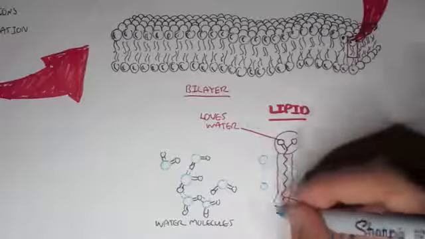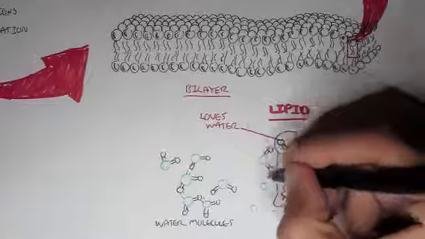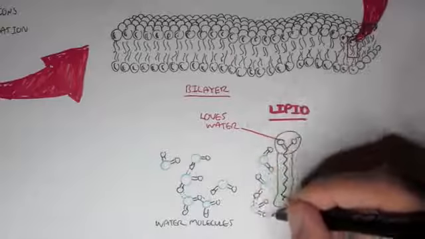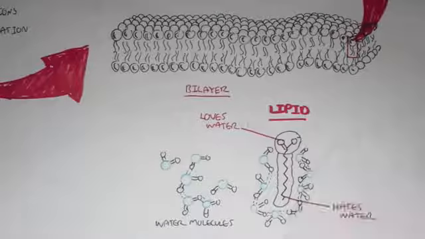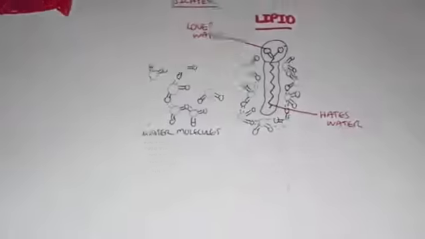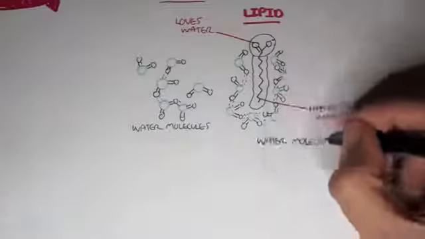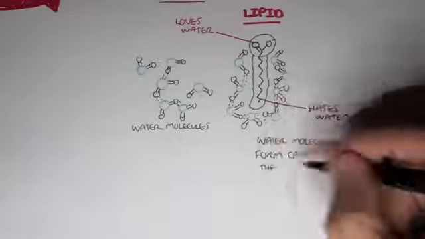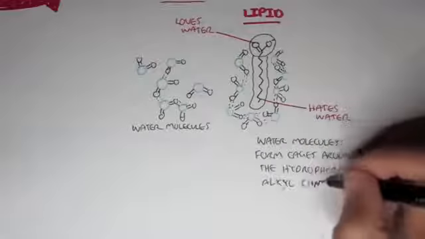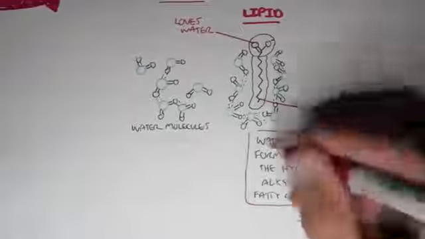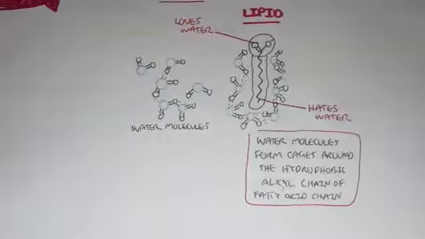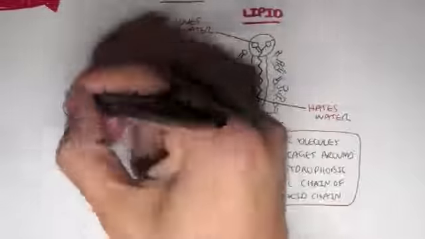Well, the water molecules will start surrounding the hydrocarbon chain and will not form bonds with it because it's hydrophobic. Essentially, water molecules will form cages around the hydrophobic alkyl chain of the fatty acid, because it can't interact. So it will just form cages.